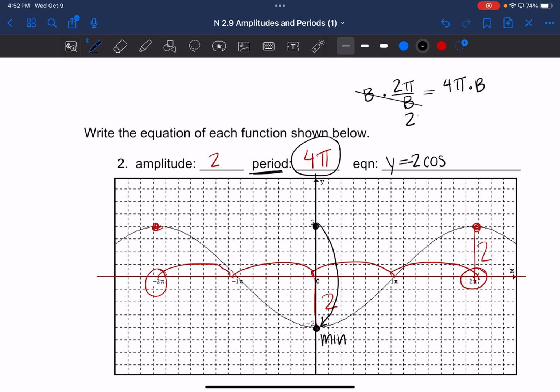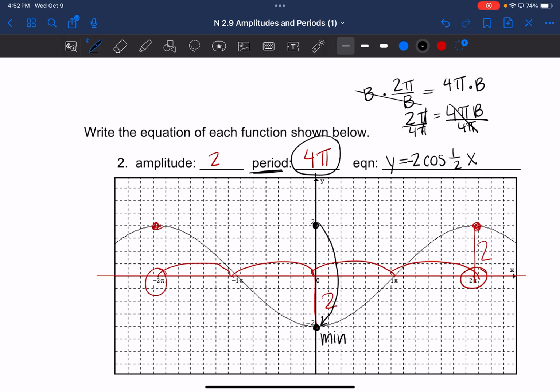And this is going to leave me with 2 pi is equal to 4 pi times b. And then I would just divide both sides by 4 pi. The pi's divide out. 2 over 4 simplifies to 1/2. So my b value must be 1/2. And then we have our x.